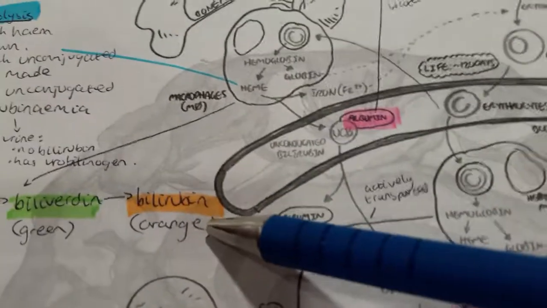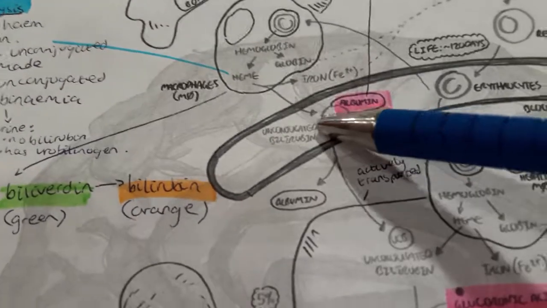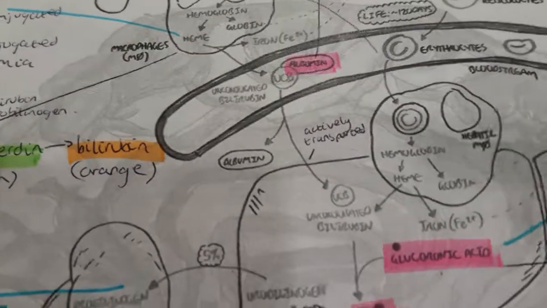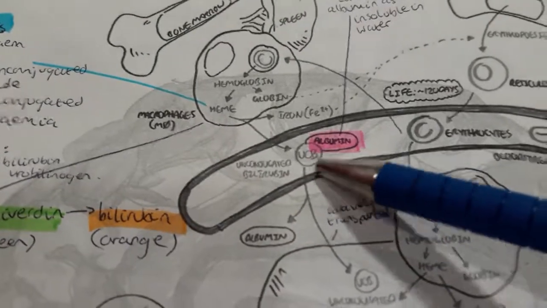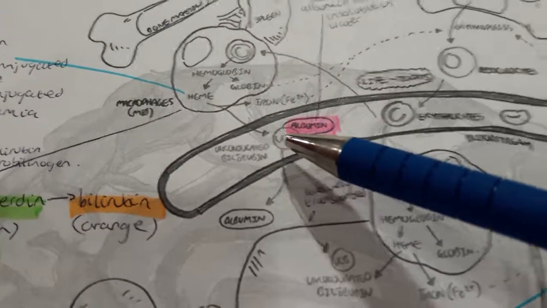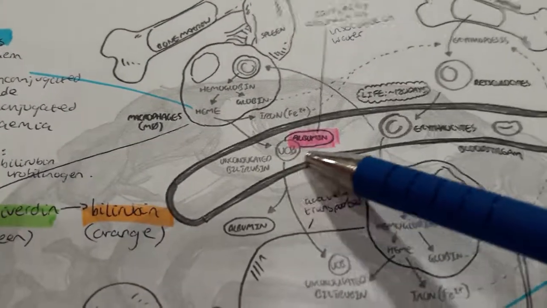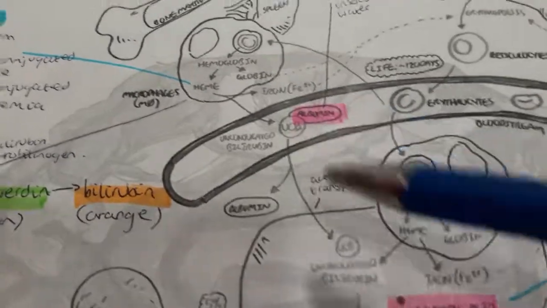Now what's special about this bilirubin is that it's unconjugated, which means that it's not bound to glucuronic acid. So this unconjugated bilirubin is insoluble in water, and therefore it's carried in the blood by a protein called albumin, which binds to it.